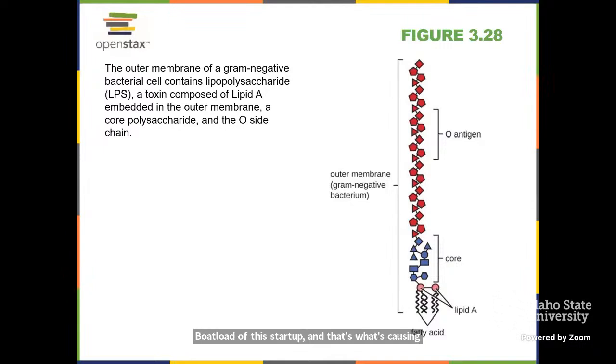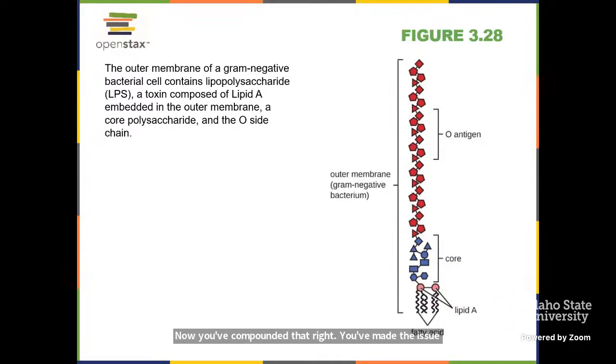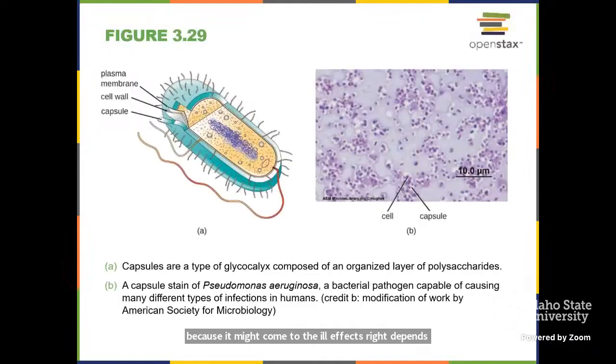Now you've compounded that, right? You've made the issue much worse. So sometimes we may treat, but other times we think more like fluid therapy, fluid replacement and electrolytes, but not trying to kill off stuff with antibiotics because it might compound the ill effects. Depends on those circumstances.